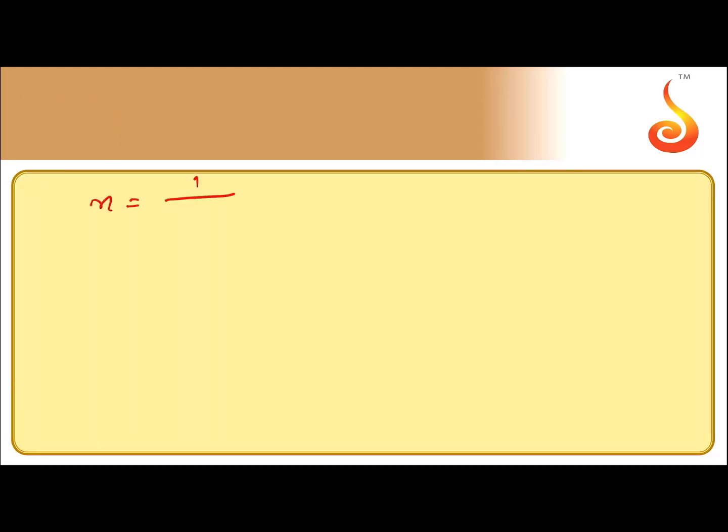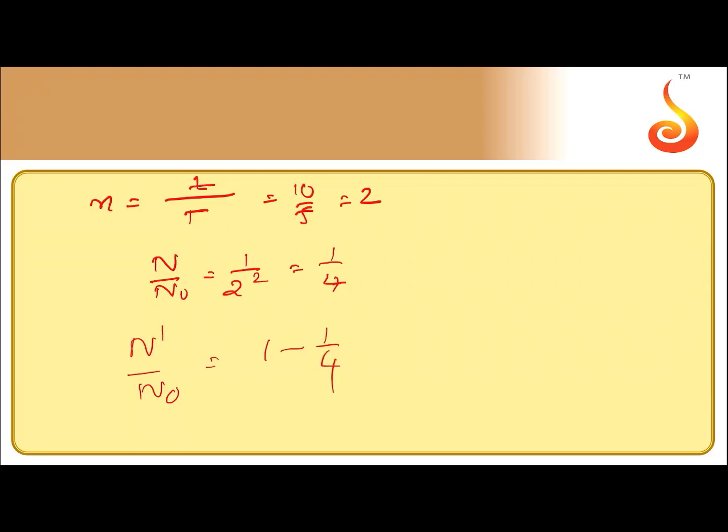So the number of half-lives is t divided by T, that is 10 by 5, which is 2. And n divided by n naught initially is 1 by 2 to the power of 2, that is 1 by 4. It corresponds to the initial. And n dash divided by n naught is equal to 1 minus 1 by 4.